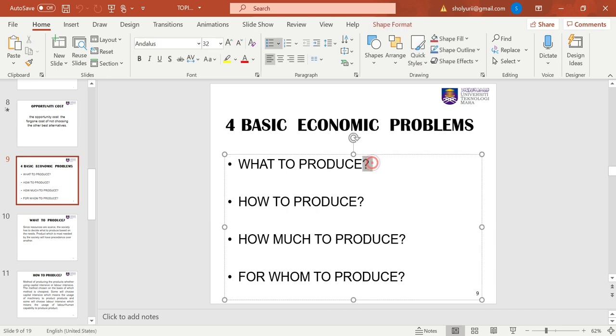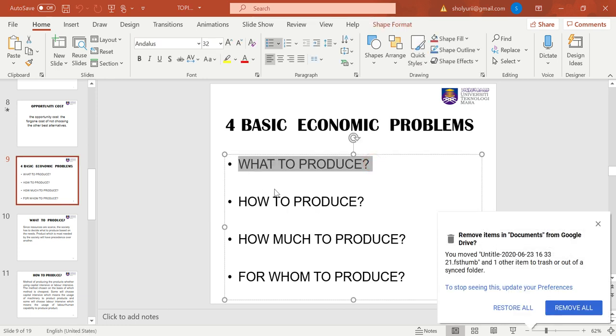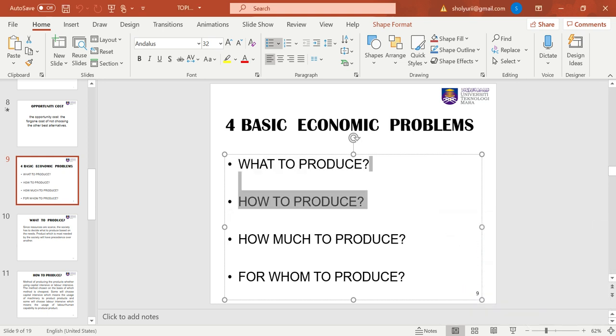Okay, so Dr. Khairi taught what it means by what to produce. So because we have the problem of scarcity, we should decide what to produce. For example, in the country, we only have a piece of land left. Okay, so with the scarce land, our scarce resources, we need to decide what to produce.